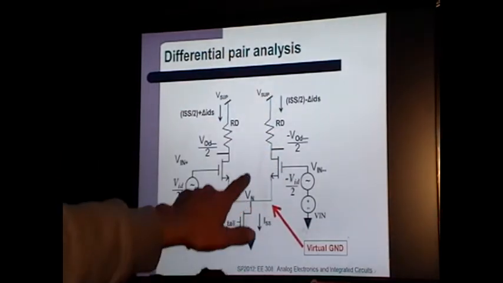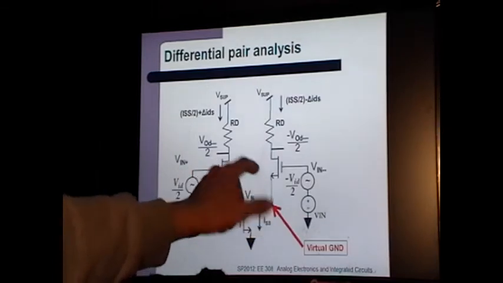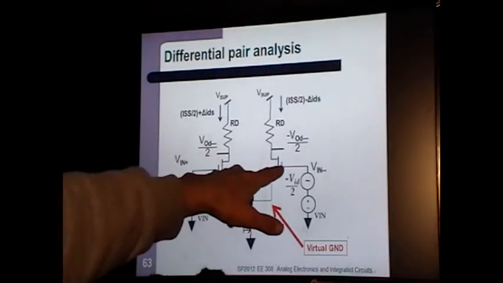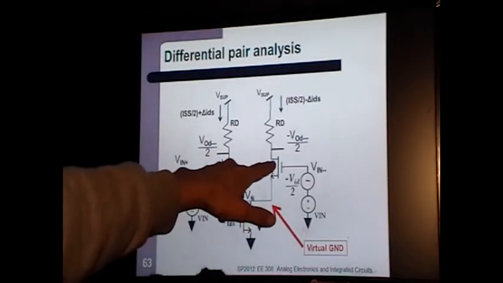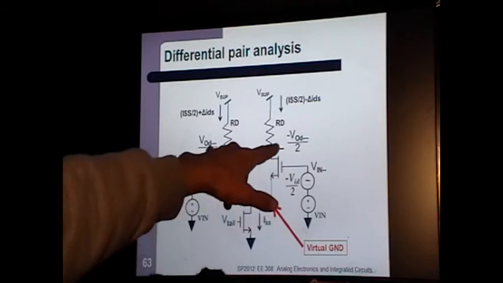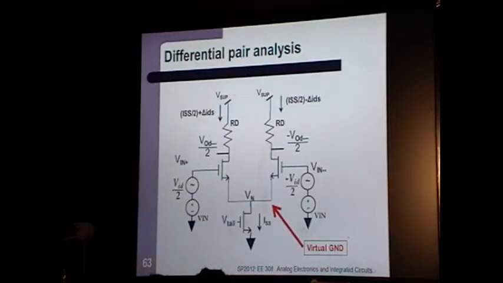This node right here will move up to accommodate the correct current. So you can have your VIC, your common mode voltage for these 2 inputs, up here or down here. The circuit's still going to work. That's definitely not true for a common emitter.